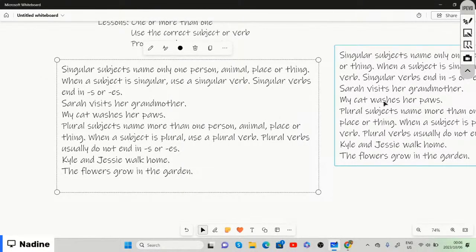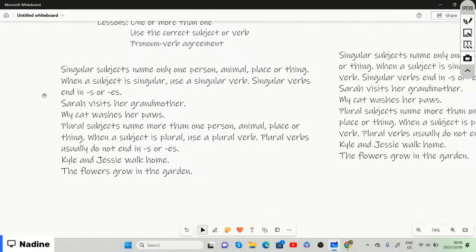So now, when it comes to subject verb agreement, we see that there's either one or more than one to use the correct subject verb or pronoun verb agreement. So we have singular subjects and plural subjects.